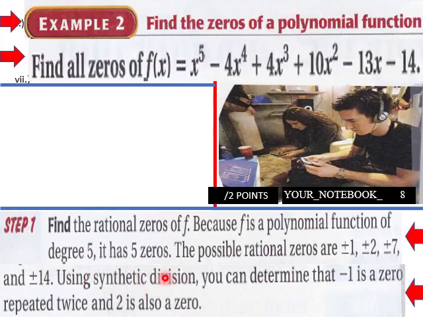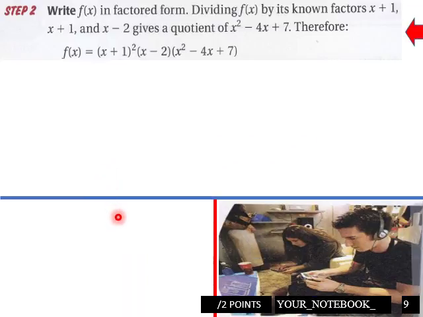Using synthetic division, you can determine that -1 is a zero repeated twice, and 2 is also a zero. Writing it in factored form, you come up with x plus 1 squared, x minus 2, and then you have this quadratic, x squared minus 4x plus 7.